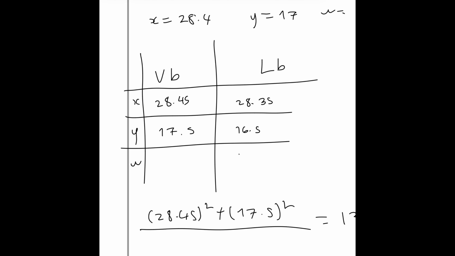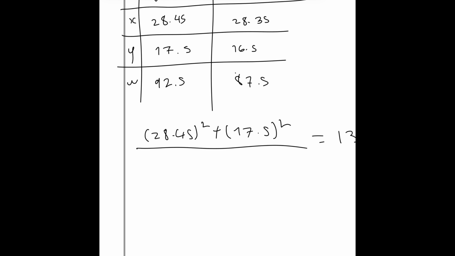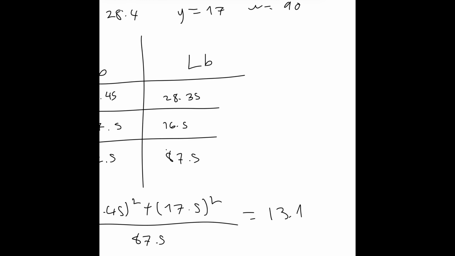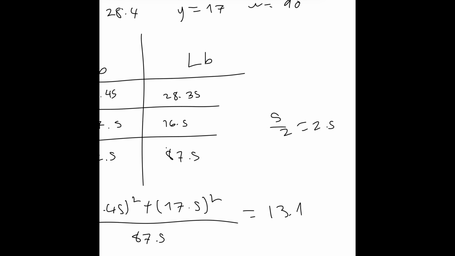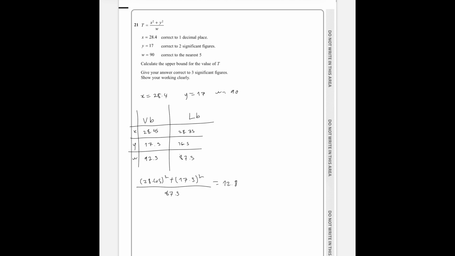The nearest 5 means that the upper bound is going to be 92.5 and the lower bound is going to be 87.5. Sorry. So you want the lower bound on the bottom, because remember it's the nearest 5, so 5 divided by 2 equals 2.5. So you add and subtract that from the value. So it's going to give you a different value, which is going to be, to the nearest three sig figs, 12.8, which is your answer.